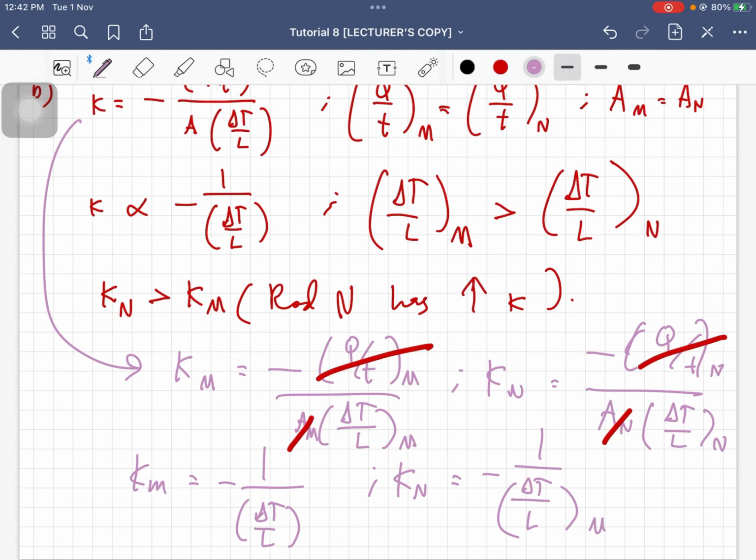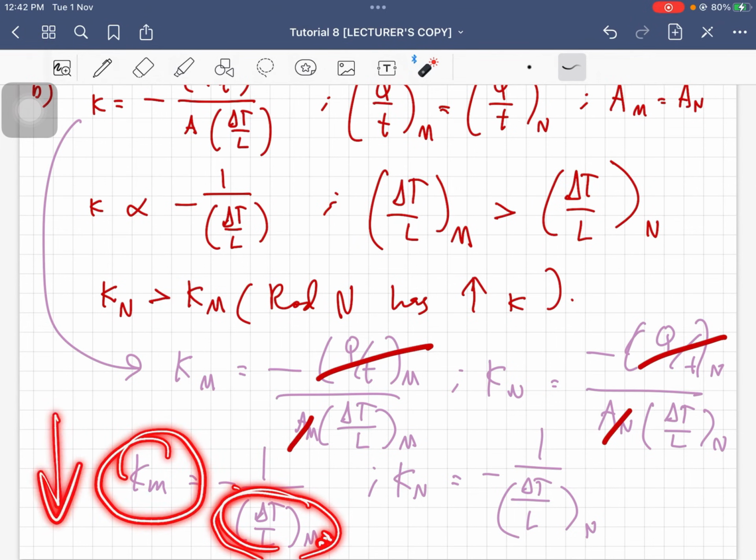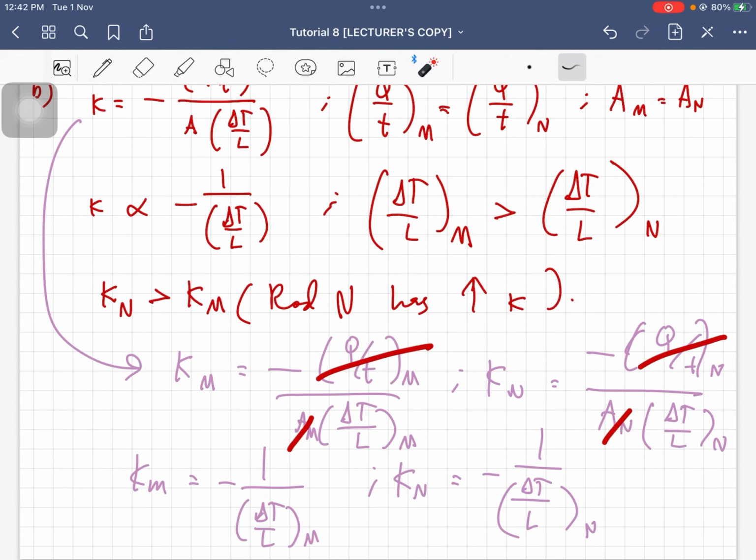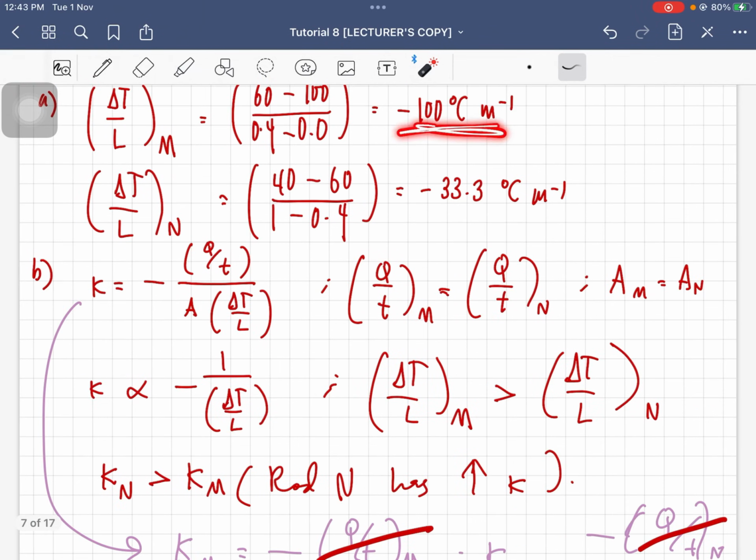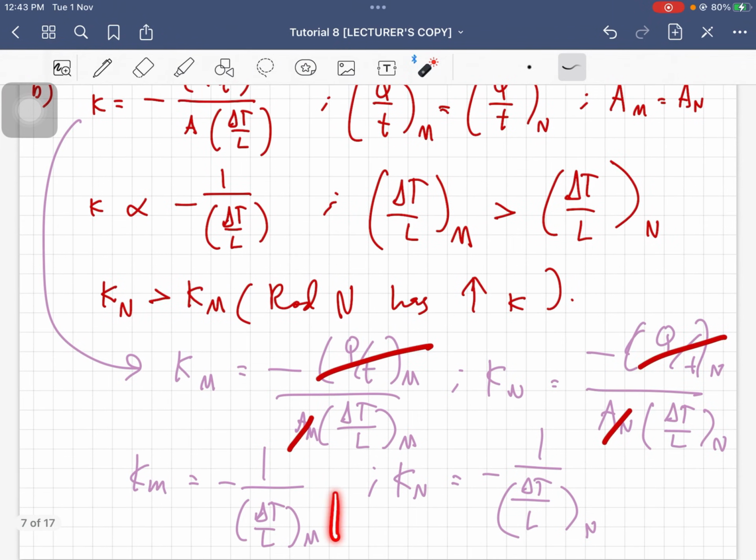Now, which temperature gradient is bigger? Since it is over, if the denominator is bigger, it means the thermal conductivity will be proportional, that's why I put the proportionality here. So the temperature gradient for rod M is greater than for rod N. So basically, when this is bigger, the thermal conductivity is less.